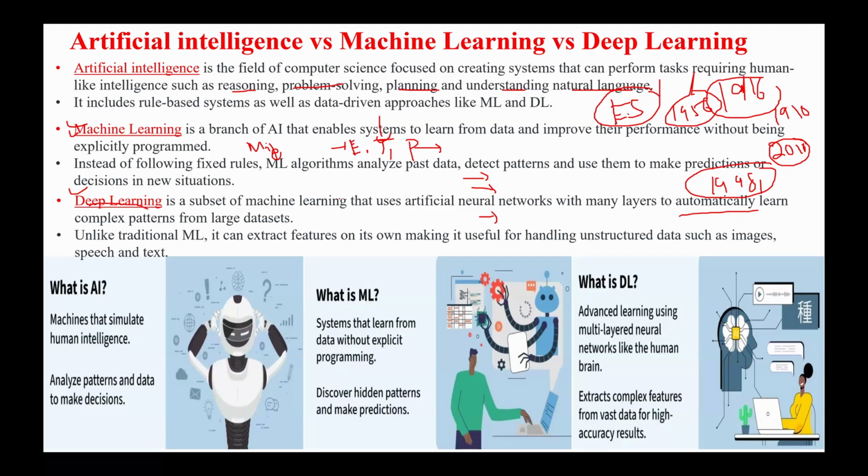So feature extraction is very useful for deep learning. Unlike traditional machine learning, it can extract the features by its own. This is very important. It is useful for handling unstructured data such as image, speech, and text.